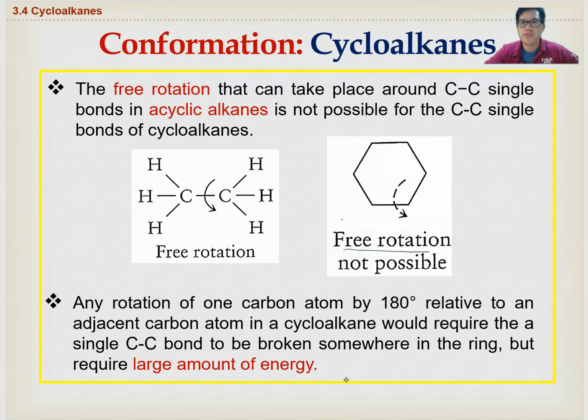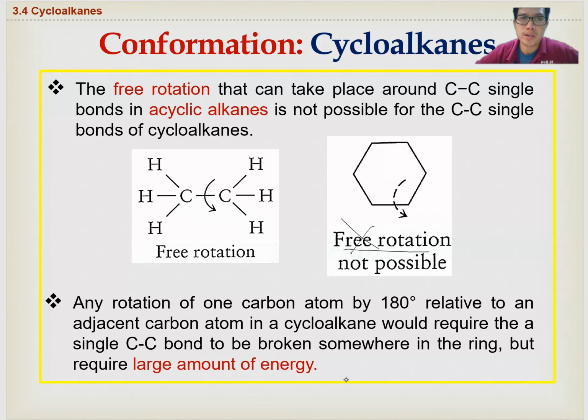It cannot turn. If it's a chain, it can turn around, but a ring cannot. If you want to turn it, you can break it, but that requires a very large amount of energy. In this case, you have what we call the cis-trans isomers.